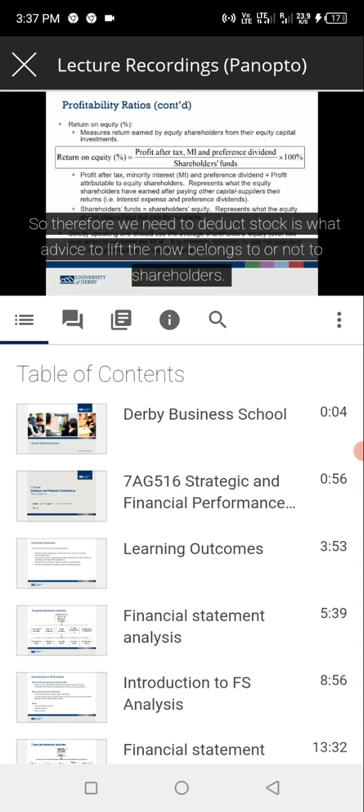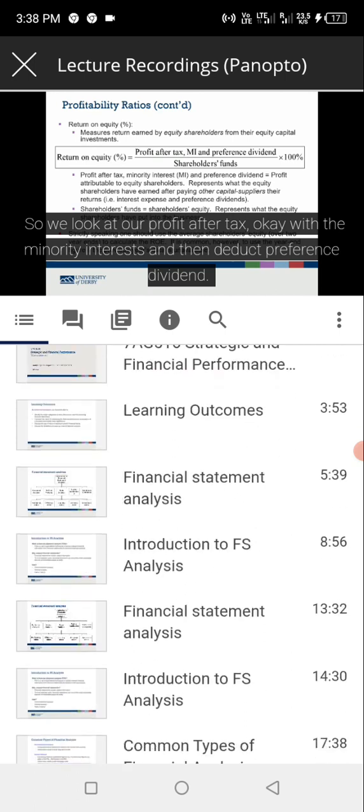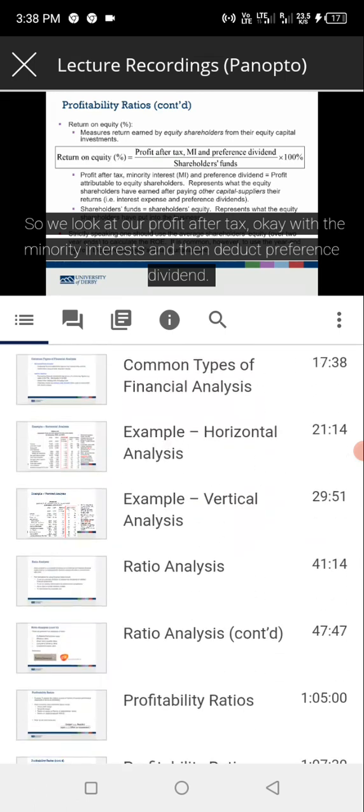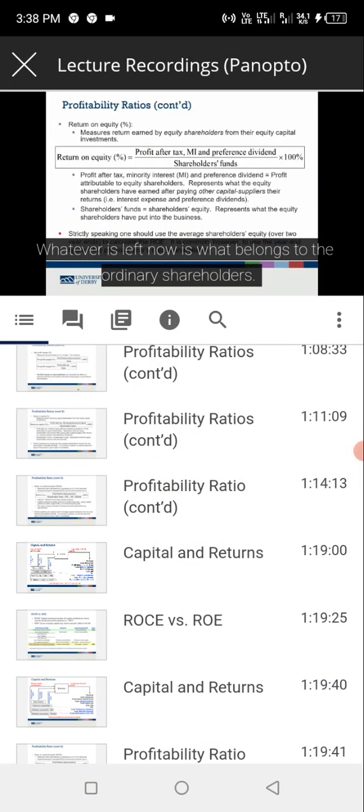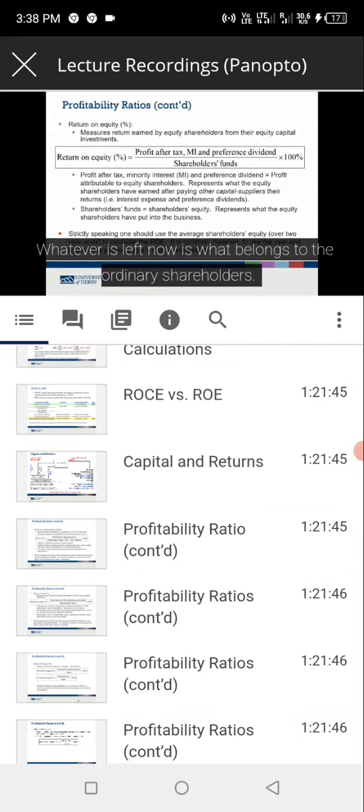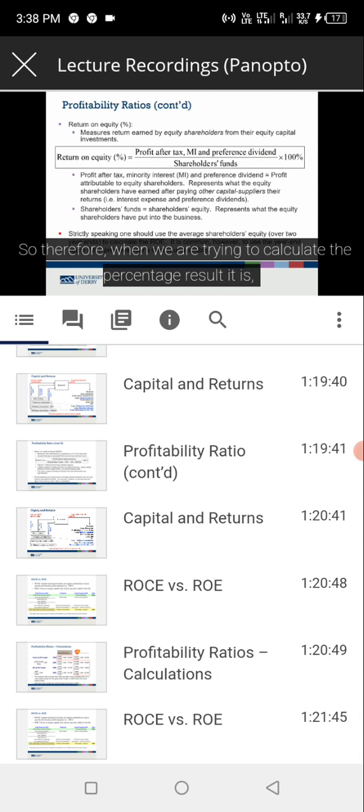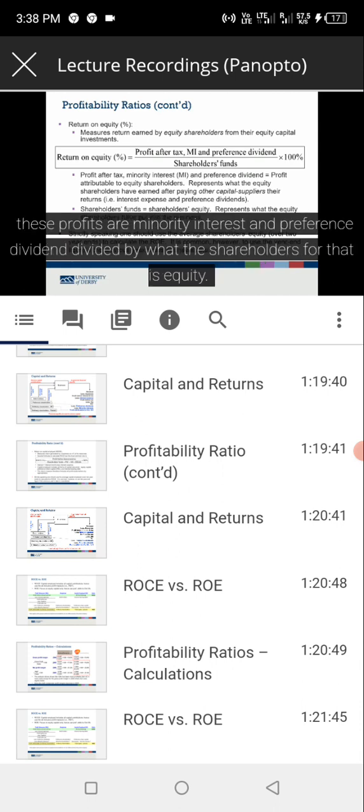So therefore, we need to deduct that. It's whatever is left that now belongs to ordinary shareholders. So we look at our profit after tax. Okay? We deduct minority interest and then deduct preference dividend. Whatever is left now is what belongs to the ordinary shareholders. So therefore, when we are trying to calculate their percentage return, it is this profit after tax, minority interest, and preference dividend divided by what?